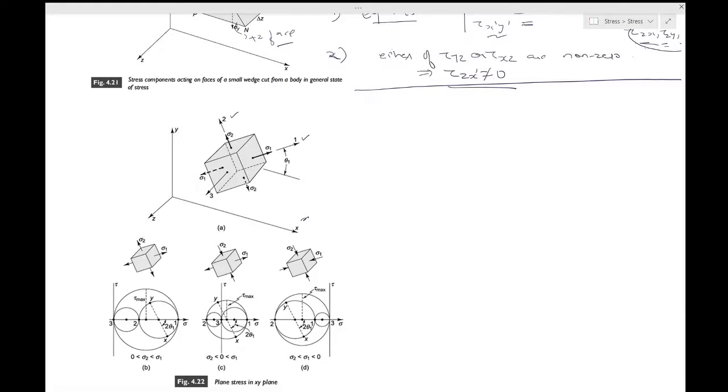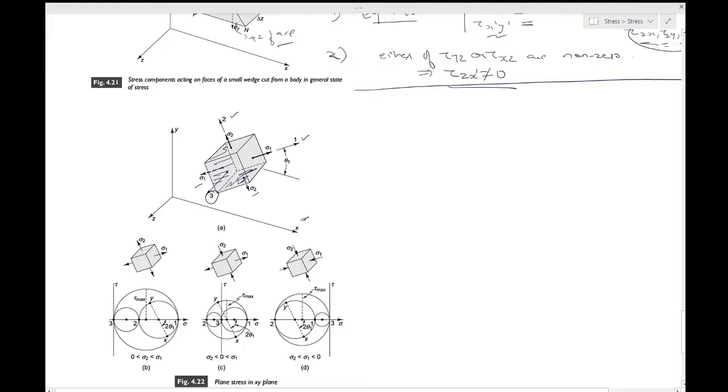So that's why sigma 1 is like this, and sigma 2 is like this, and sigma 3 was anyways like this. So sigma 2 is on this face, sigma 1 is on this face, in the opposite direction, of course. Okay, so that's how this element has been aligned so as to coincide with the principal directions 1 and 2. The direction 3 is perpendicular to the 1 2 plane and thus is parallel to the z axis.